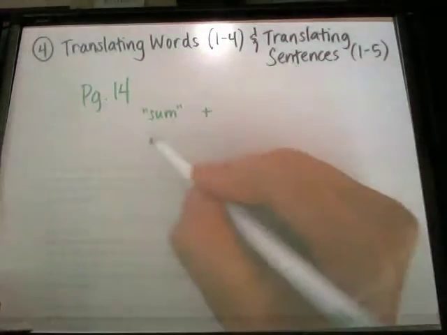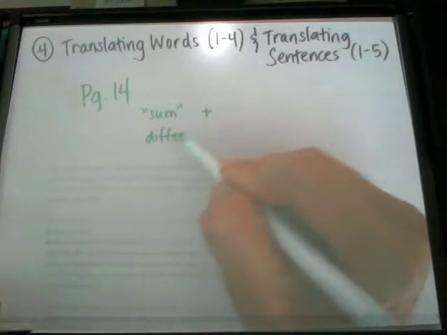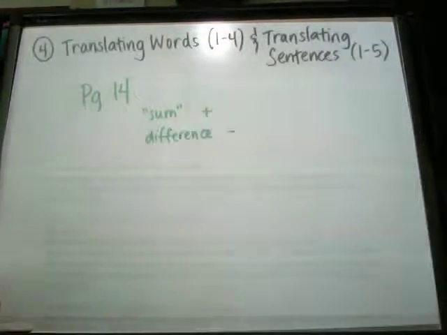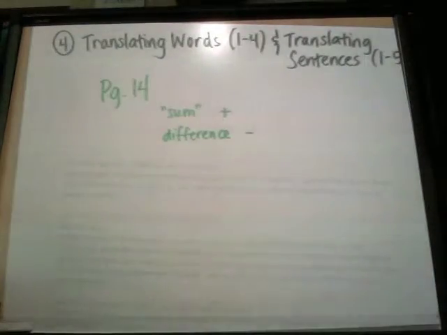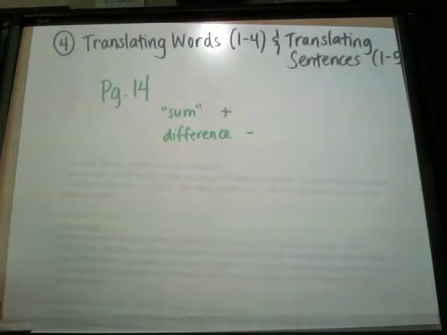If you see the word difference, that becomes, in math, a minus or subtraction sign. So it's just kind of a review of all the different words. That chart on page 14 reviews the different kinds of words that you might see and which ones go with which math operations.